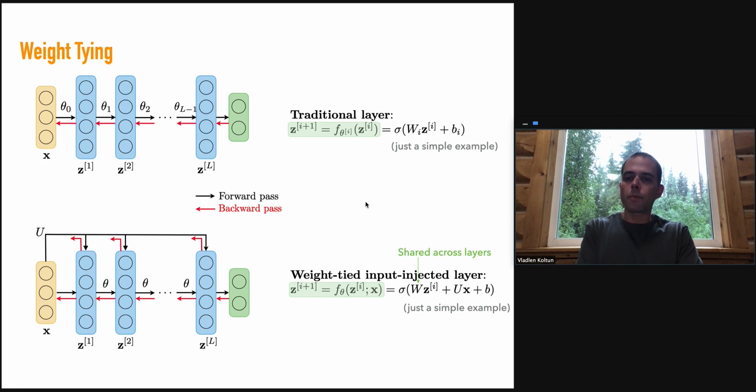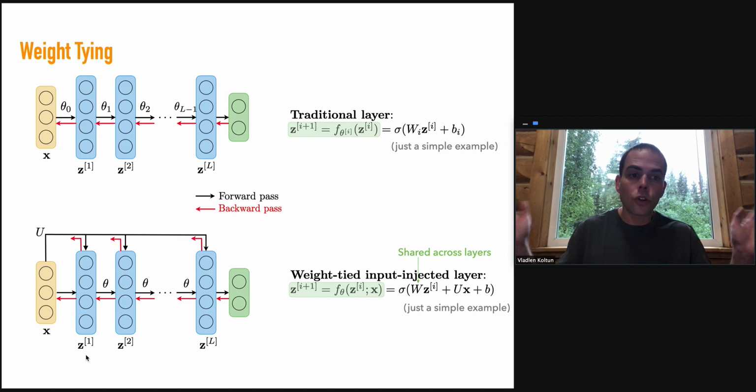The first step was to take a conventional deep network with layers. Each layer has its own parameters, and say, why don't we make all the layers the same? What if each layer is the same?